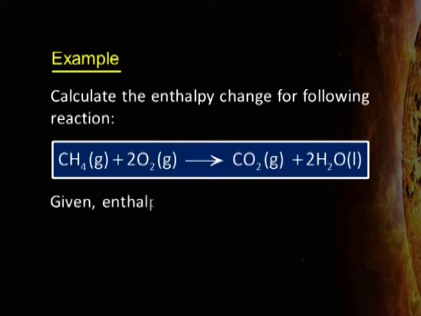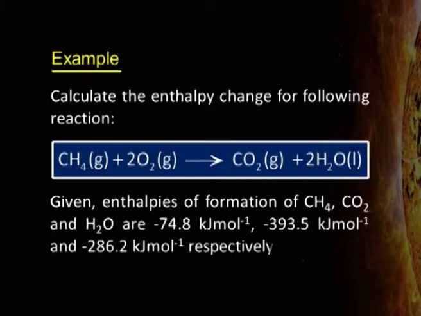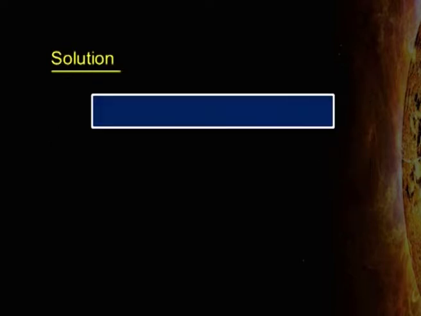Given that enthalpies of formation of CH4, CO2 and H2O are minus 74.8 kilojoules per mole, minus 393.5 kilojoules per mole and minus 286.2 kilojoules per mole respectively. As you know that delta H naught of the reaction is equal to delta H naught of products minus delta H naught of the reactants.